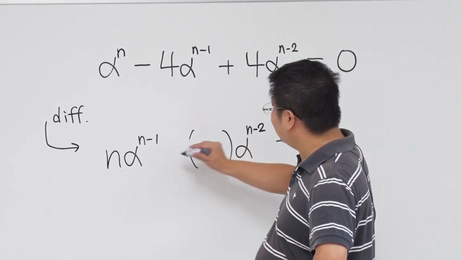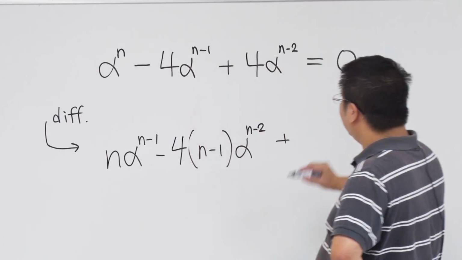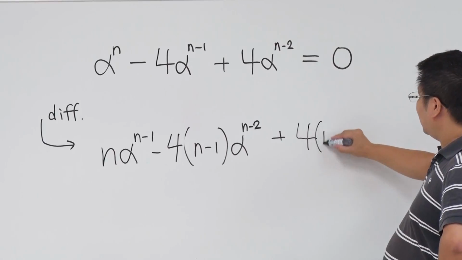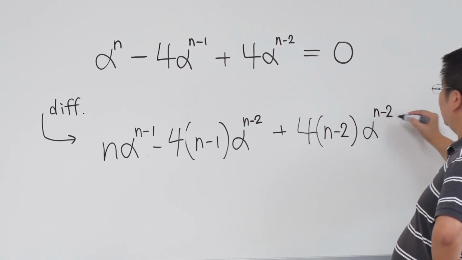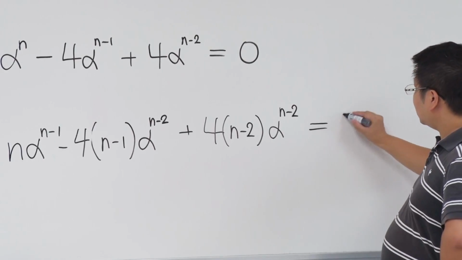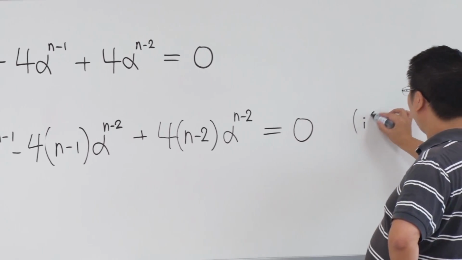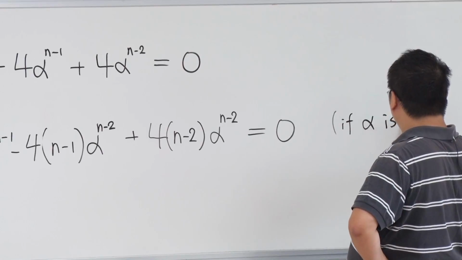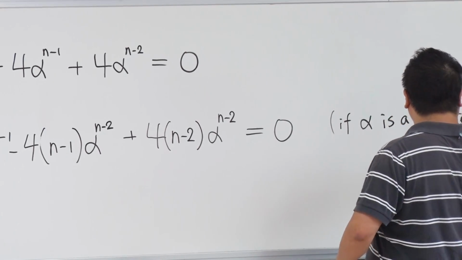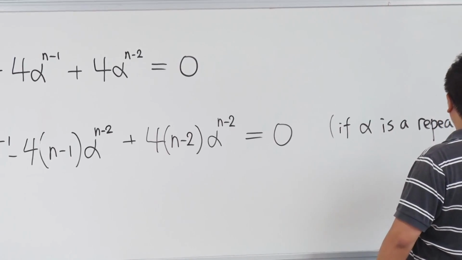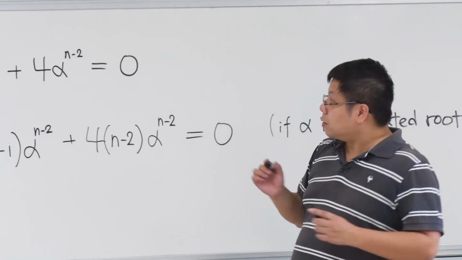I missed that. Plus 4 times n minus 2 times alpha to the power n minus 3. It is equal to 0 in this case. So if alpha is a repeated root. Is that okay? So what does that mean?